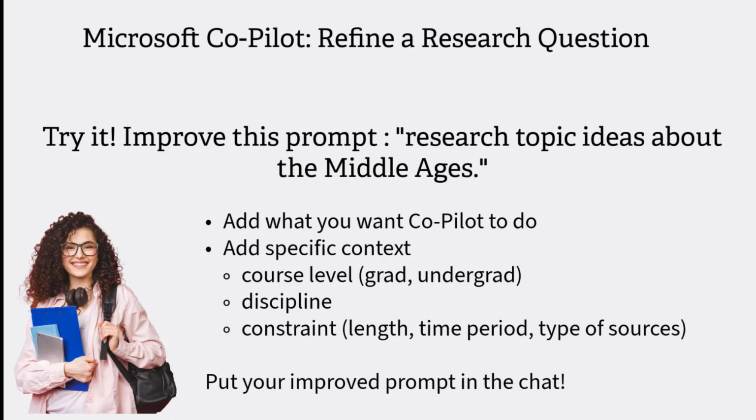So try it out. You can make up the details, make up the context for this imaginary example, but add what you would want Copilot to do, the specific context, such as what course is this for? Is this a grad course, undergrad? What is the discipline? Are there any constraints like length for the paper, the specific time period, types of sources?